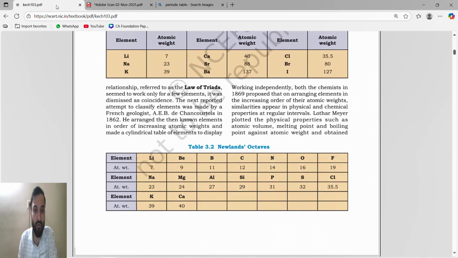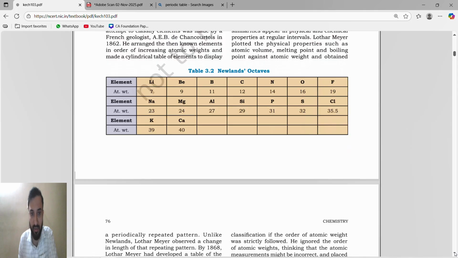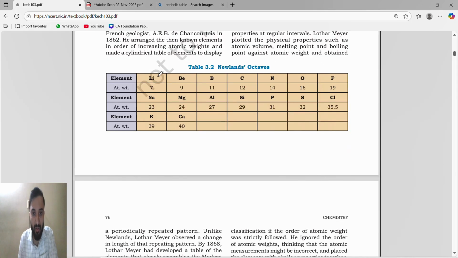In that octave rule, what he said is: see, 1 element, 2 element, 3, 4, 5, 6, 7 element, means every 8th element will show similar properties to the first element.